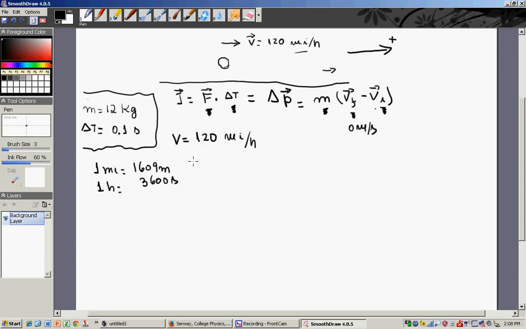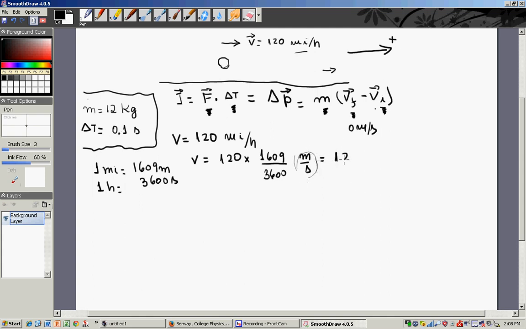I just replace it in the equation, and then I have my speed in meters per second.